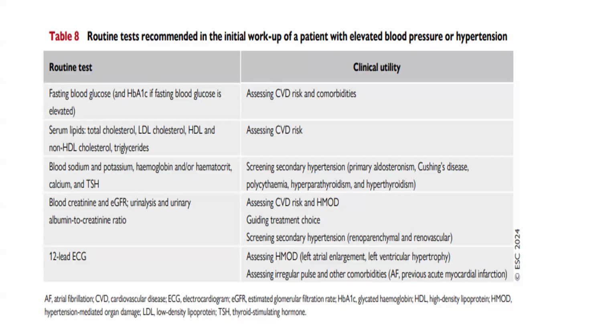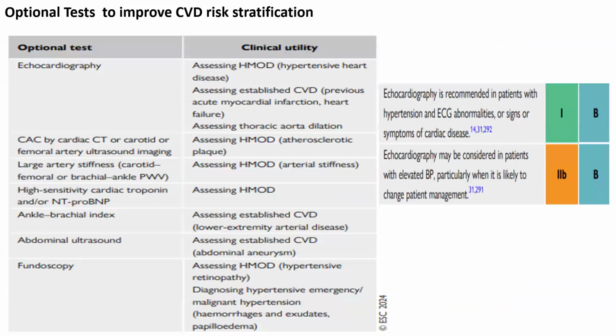Sodium, potassium, hemoglobin, hematocrit, calcium, and TSH are used to screen for secondary hypertension. Creatinine, urine albumin, and 12-lead ECG are used to assess cardiovascular disease risk, as well as the presence of hypertension-mediated target organ damage.